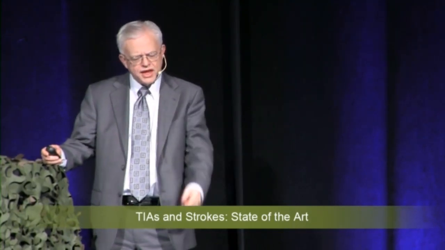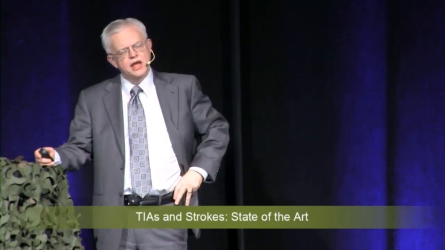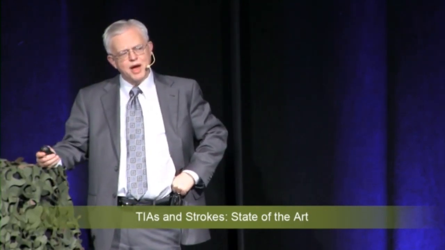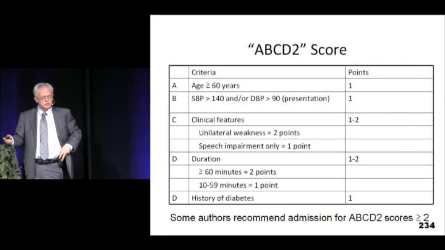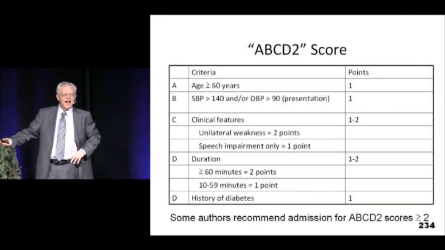We went through the ABCD2 scoring system to risk stratify. The only problem is it was very good as we thought about it, and then when it was applied to the public, it didn't work. Here's the scoring system. Are you above age 60? God, I hate this score already.